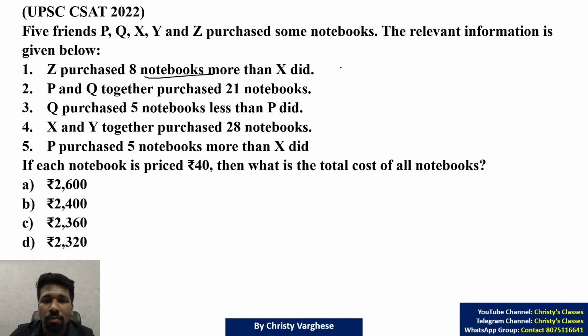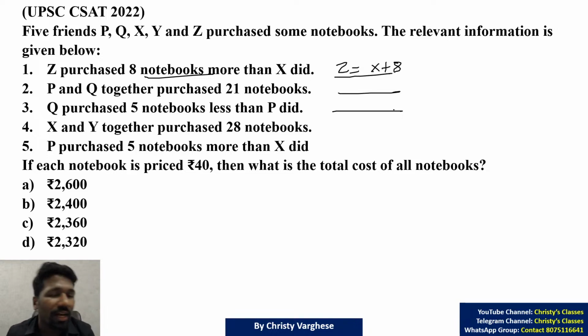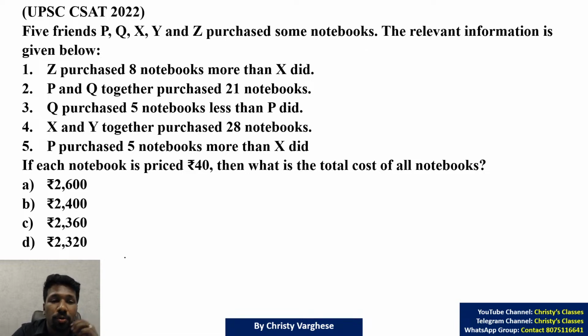Z purchased 8 notebooks more than X did, means the number of notebooks Z purchased is 8 more than X. Now you can write equations like this and then solve using the linear equation solving techniques you have learned in the 7th, 8th or 9th standard. But what I will suggest is to read the question as a whole, then it will be easy to understand without even writing the equation or proceeding with any algebraic solution.